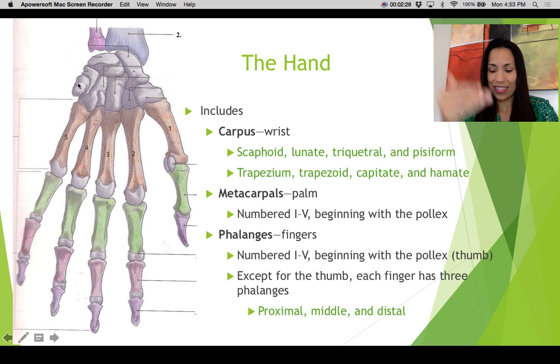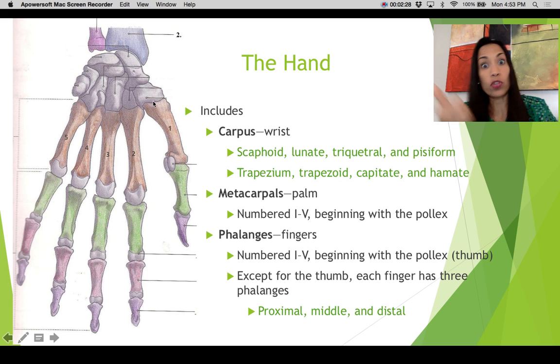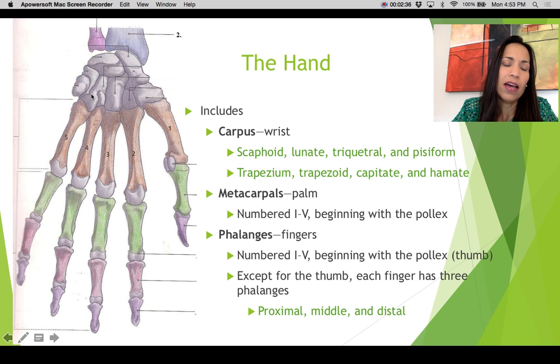That's it. The distal row consists, and you start again from lateral to medial, of the trapezium, the trapezoid, the capitate, and the hamate. There are a lot of mnemonics around, really funny mnemonics. In your book, there's one that goes like: Sally left the party to take Carmen home.